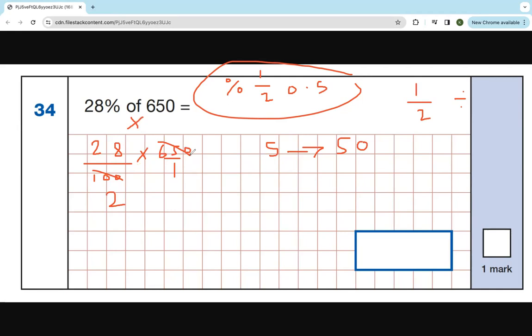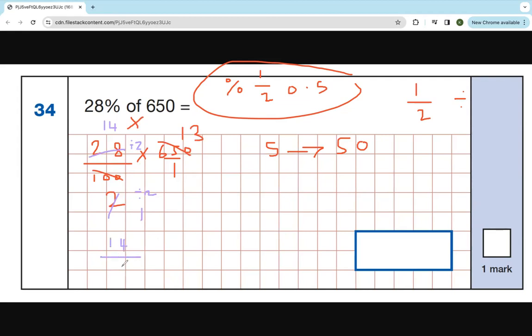Well, 12 5s are 60, so 13 5s would be 65, so that would be 13 50s. Then we look up and down here, and I can see that 28 and 2 can still be simplified. If I divide this by 2 and that by 2, I've got a 14 and a 1. Now we have a nice fraction to multiply.